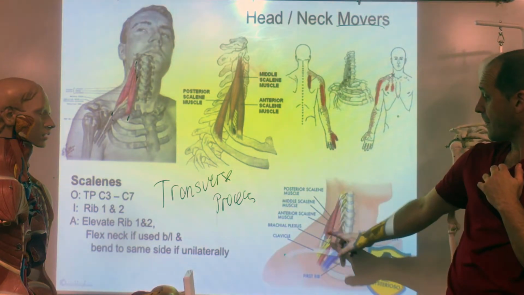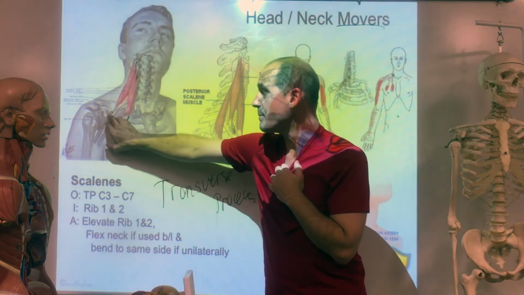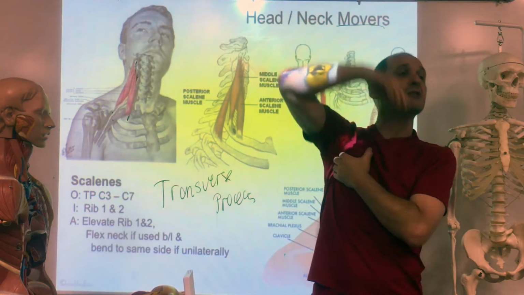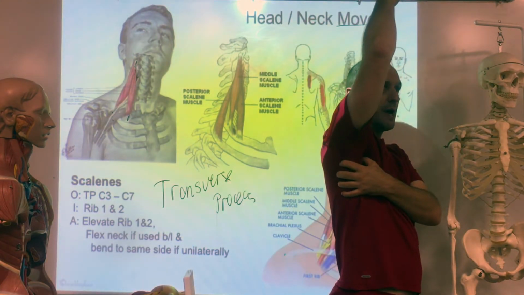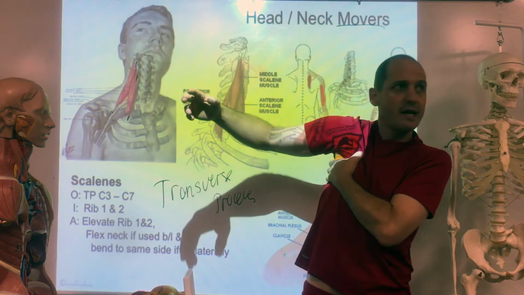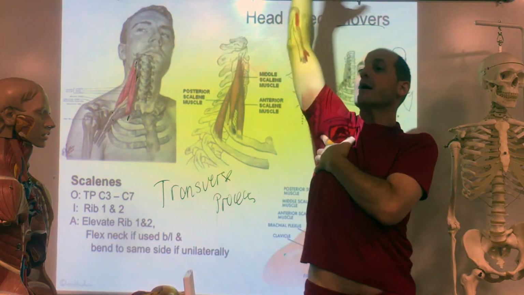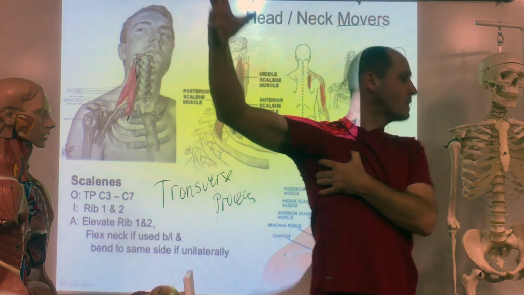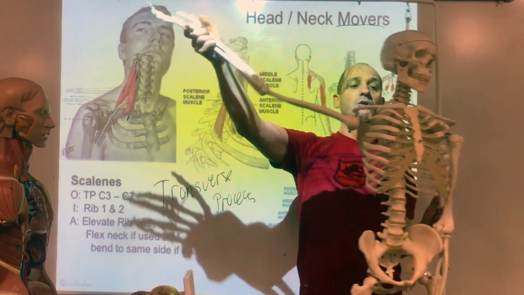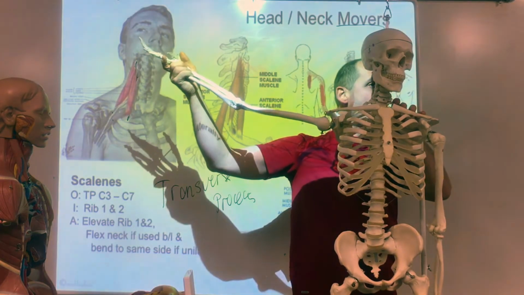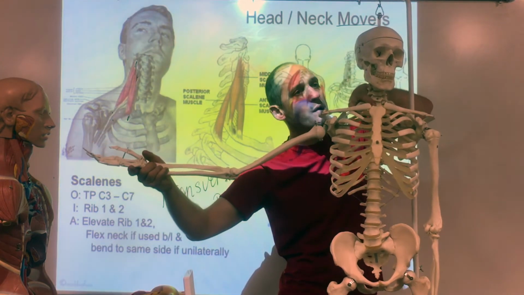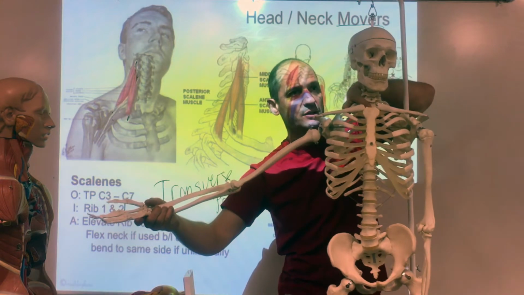Because they attach into the rib, and very often the arm's attached to the shoulder blade, and the shoulder blade anchors to the rib cage, whatever we do here has an effect on the rib cage. So when I yank something really heavy back here, it's going to yank up here and pull on this.